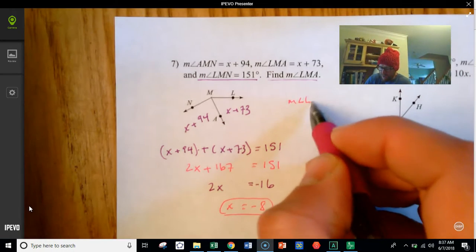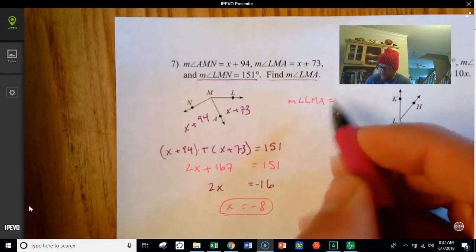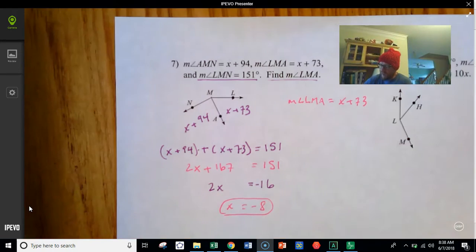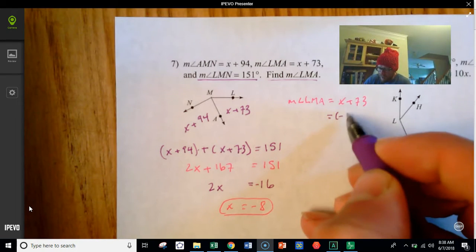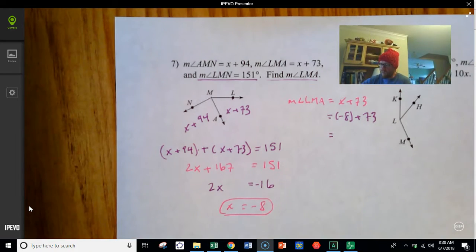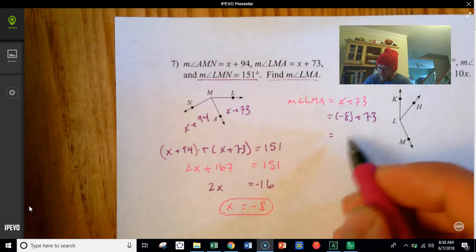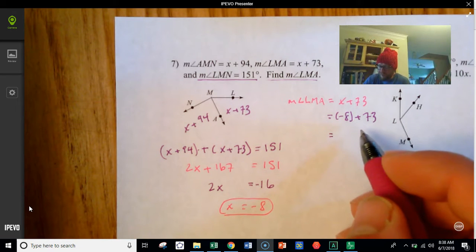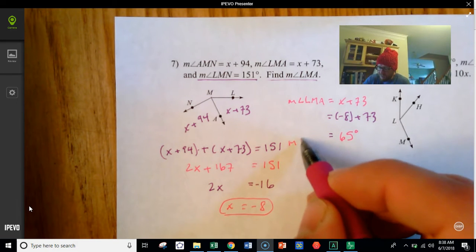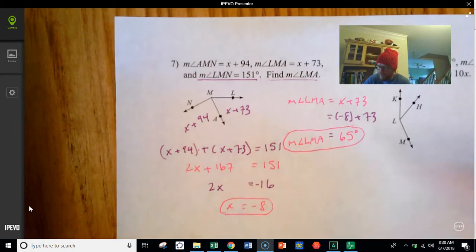Measure of angle LMA is x plus 73, and that's going to be negative 8 plus 73, which is the same as 73 minus 8, which is 65. Measure of angle LMA is 65. I'm going to put a box around it.